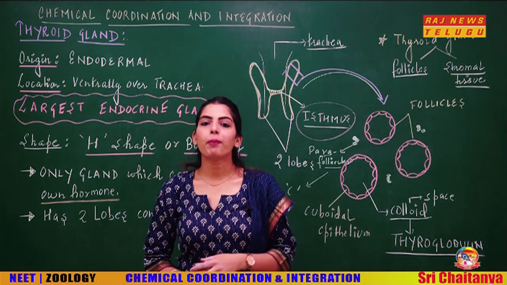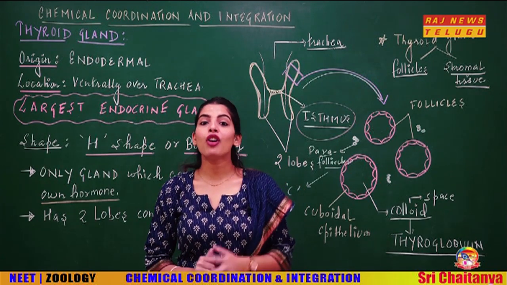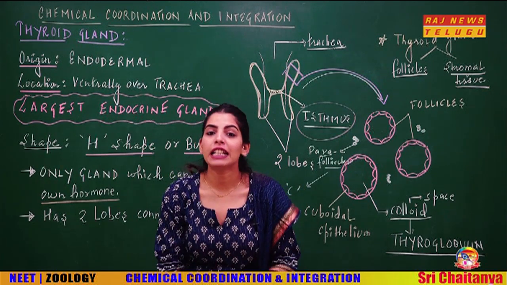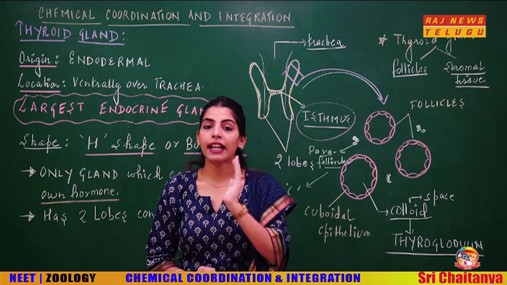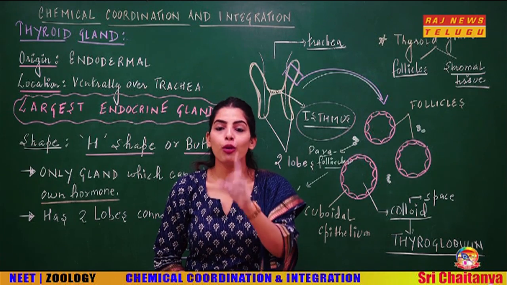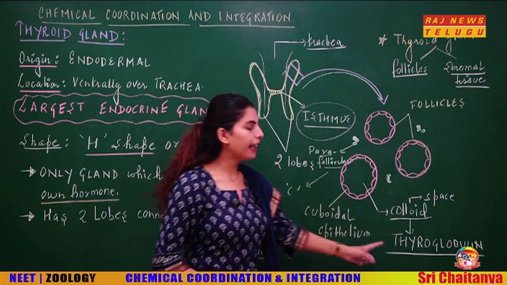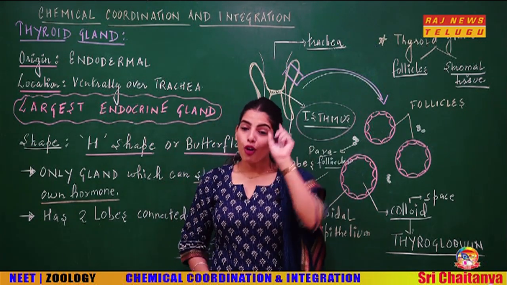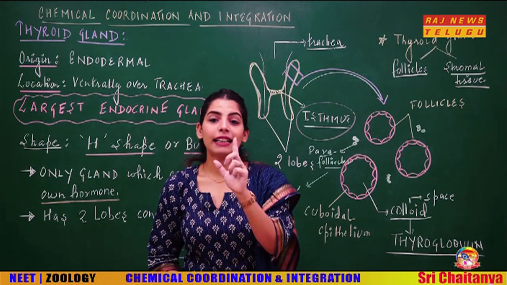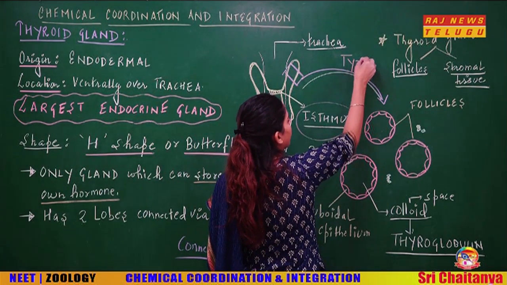It is a glycoprotein from where we get the amino acid through which the thyroid hormone is derived. I am repeating it again, students: thyroglobulin is a glycoprotein found inside this colloid, over which we will get that amino acid, which is tyrosine.